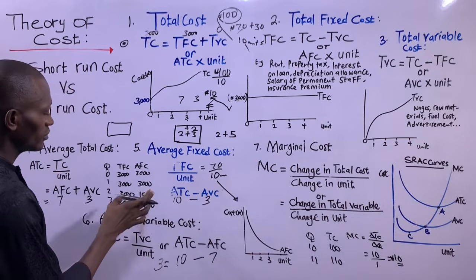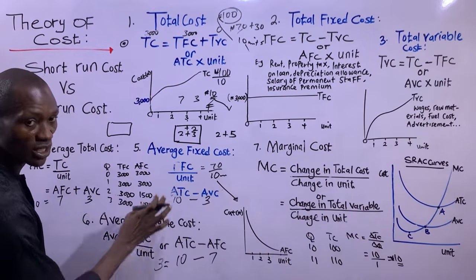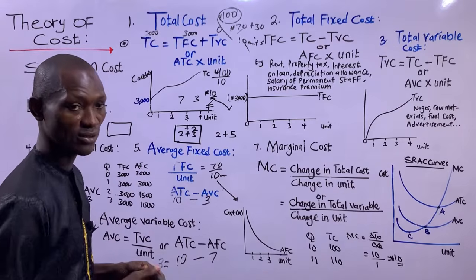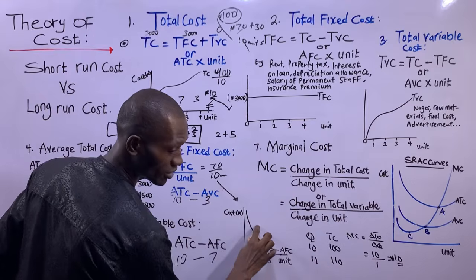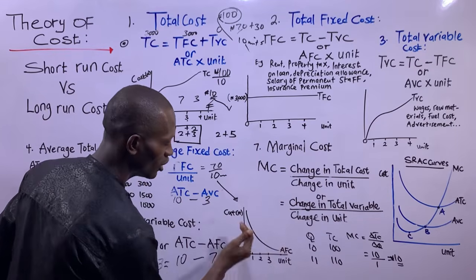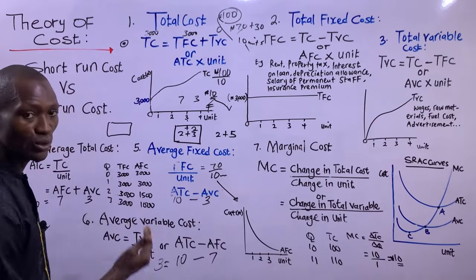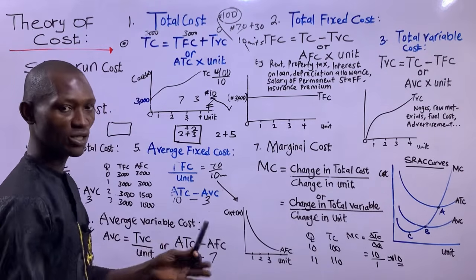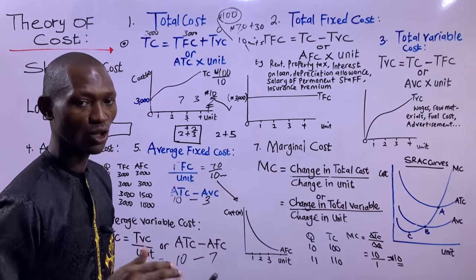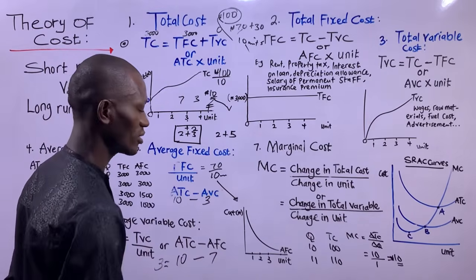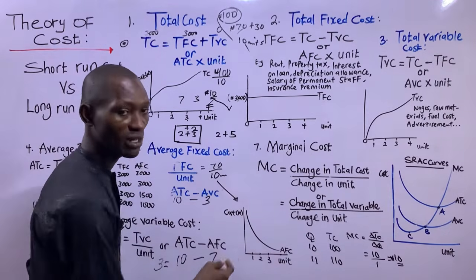So the characteristic of average fixed cost is that it keeps falling. It falls continuously. And that is what we experience here in this graph. That's the slope. It keeps falling and falling as output increases. It will continue to decline, but it will never be equal to zero.